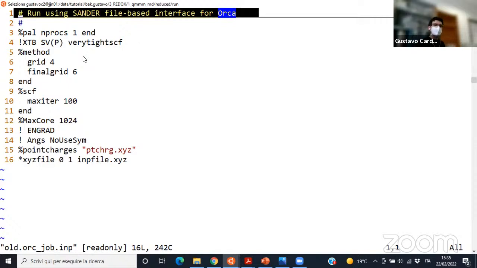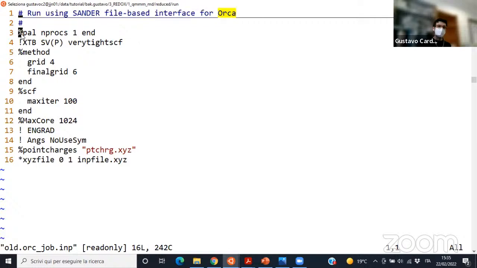Most of these sections are going to be introduced by this percentage symbol. After the percentage, there's going to be a keyword, and within the keyword, there's going to be an option. Sometimes it has a beginning and an ending. For example, in the SCF case, we choose the maximum number of iterations, which here is 100.